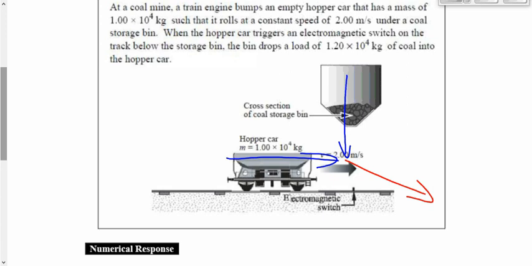But realistically, in practice, we know that doesn't happen, right? When this coal falls into this hopper car, what happens to the hopper car? Well, it slows down because we've now got more mass. It slows down probably by a factor of about 2 because the mass is almost doubled. Speed's going to be about half of what it was. Realistically, we know that it's going to move horizontally, though. It's not going to go down and to the right because the track is in the way.